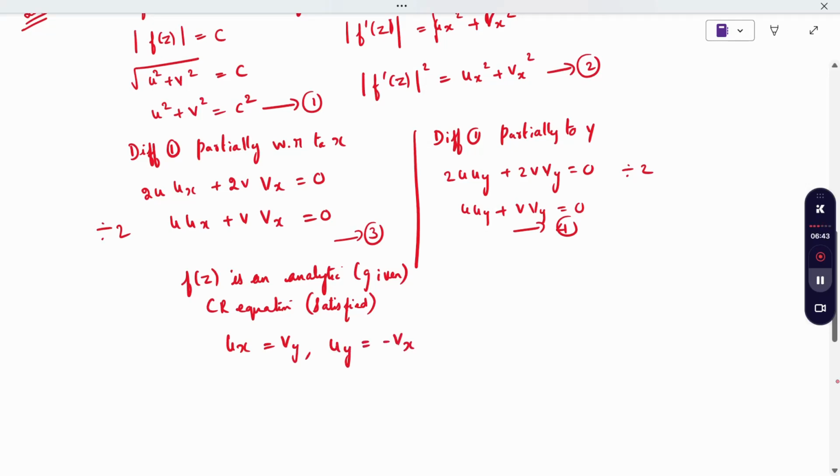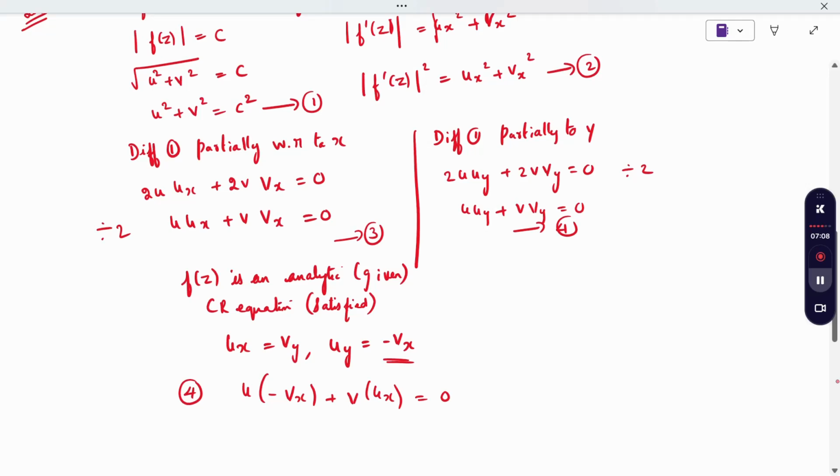Now substitute this in the fourth equation. So what will you get? u as it is, instead of uy I'm going to substitute minus vx, plus v as it is, and instead of vy I'm going to substitute ux, equal to 0.